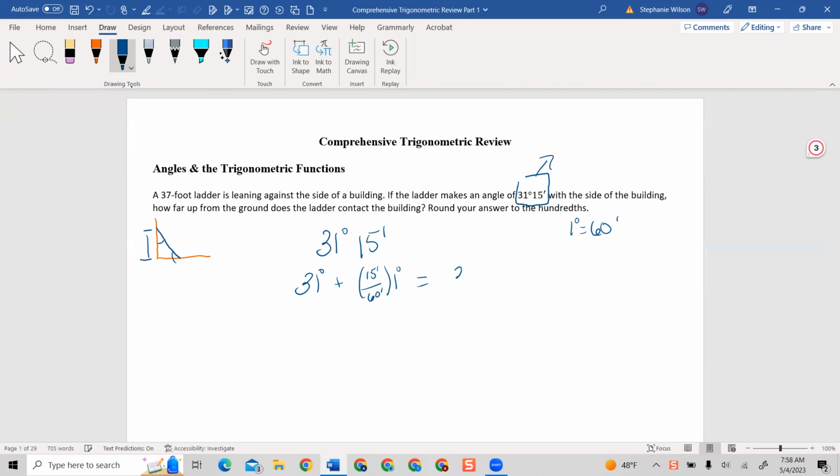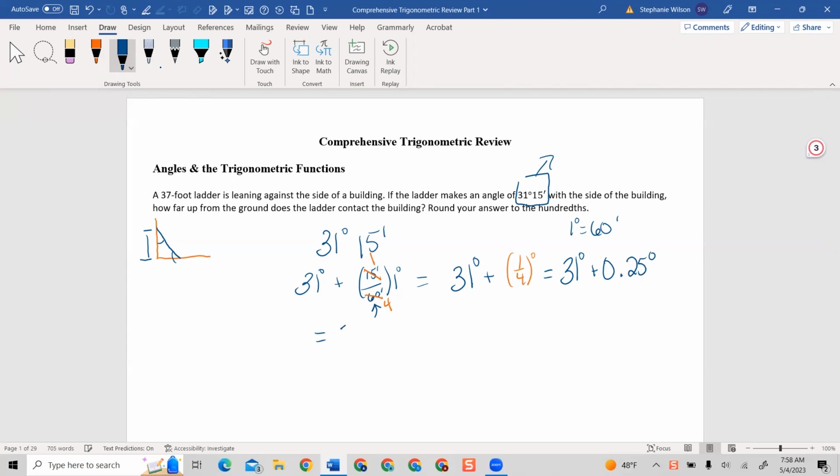That gives me 31 degrees plus, and I'm going to reduce this fraction here. It reduces by 15. 15 goes into itself once, and it goes into 60 4 times. So now I got 1/4 degrees, which can be rewritten in decimal form because it will give us a clean decimal. So I got 31 degrees plus 0.25 degrees.